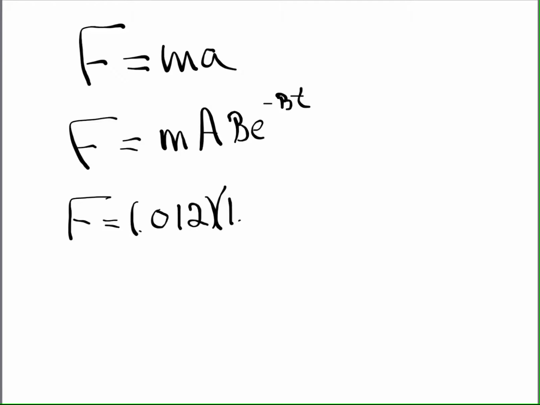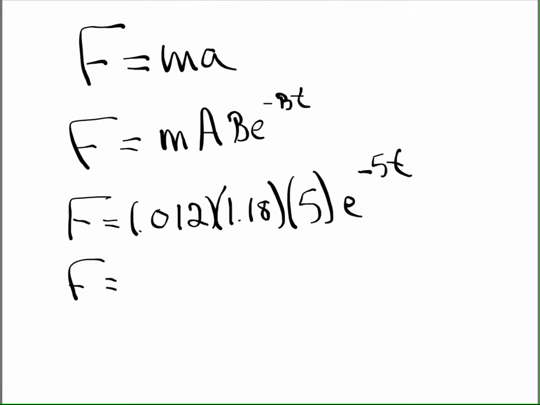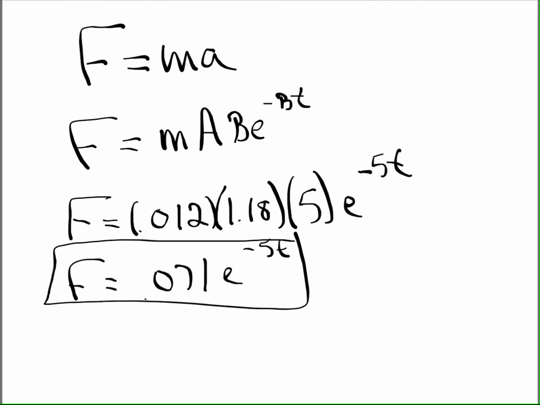A is 1.18. B is 5. E to the negative 5t. And I'll spare you having to pull out your calculators. That ends up being 0.071 e to the negative 5t. Ta-da.